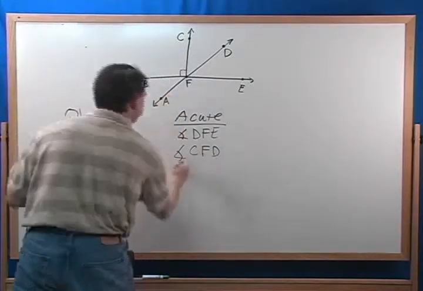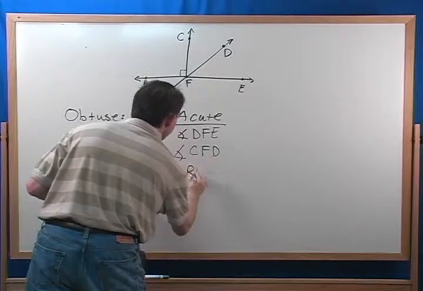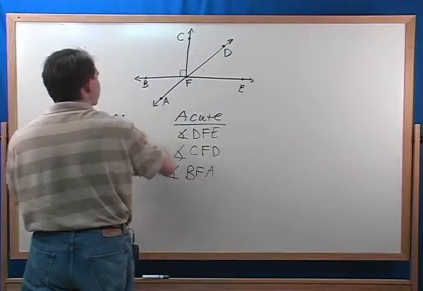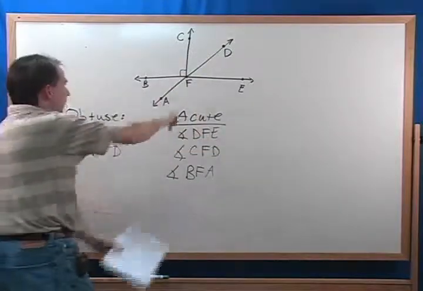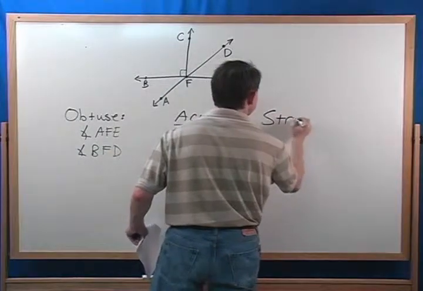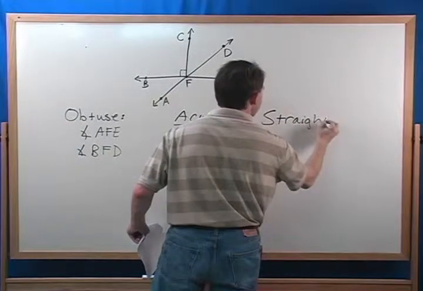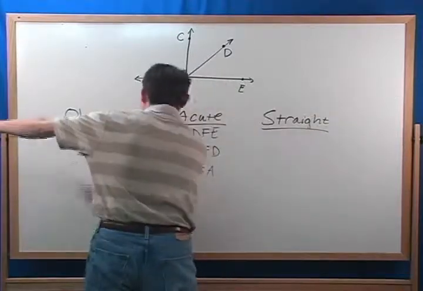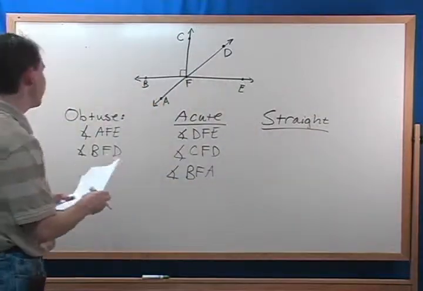Okay? And just to pick another one, BFA right here. We're just getting some practice identifying some angles. This angle right here is less than 90 degrees. It's a cute little angle here. It's less than 90, so it's acute. Now, do we have any straight angles? Remember, straight angles are just angles that have opened up and they're 180 degrees like this. Are there any straight angles?